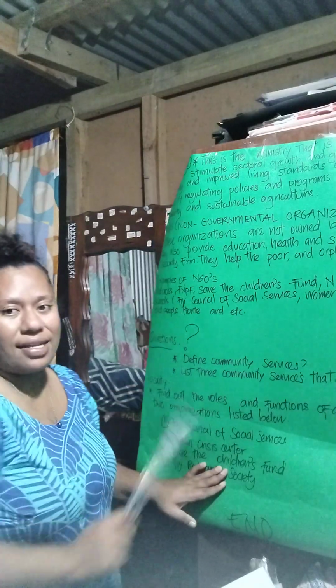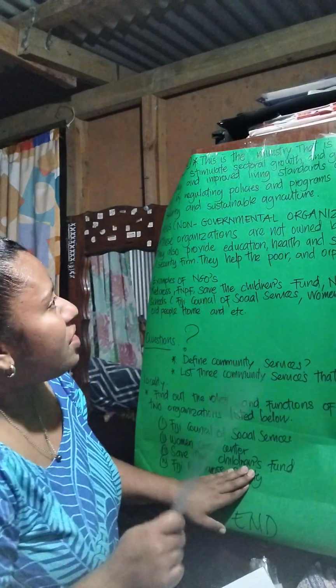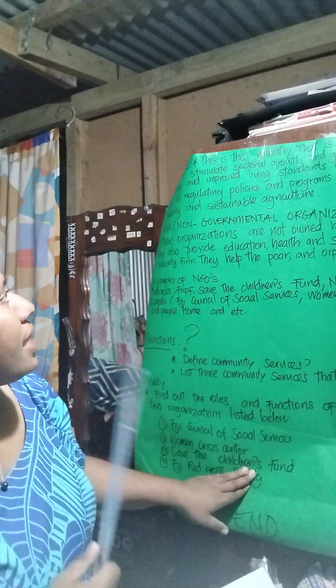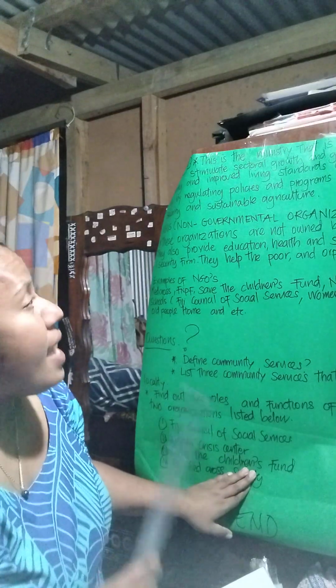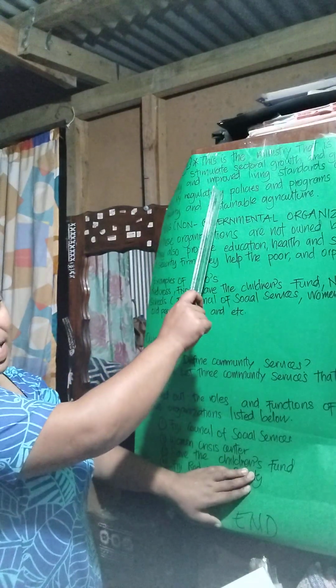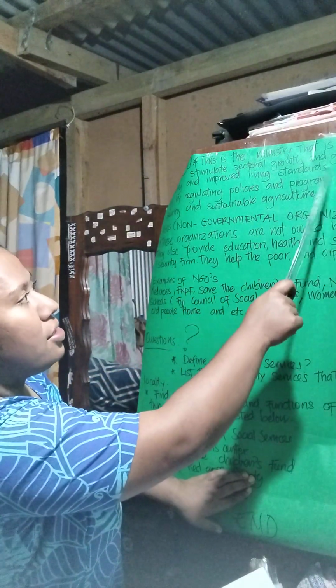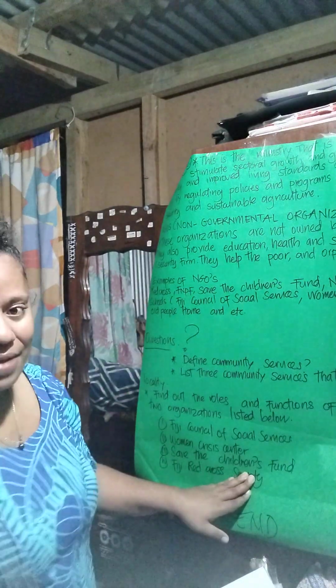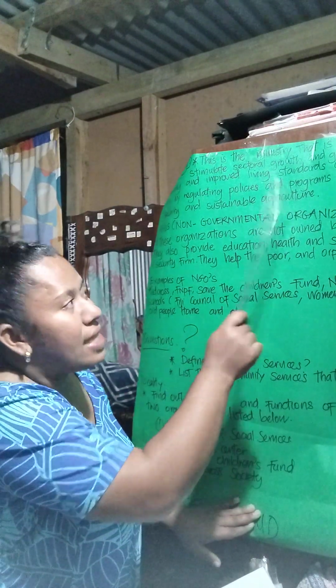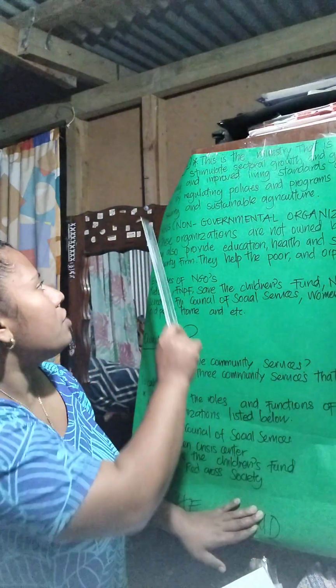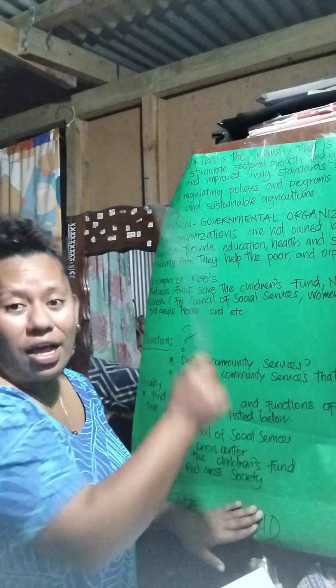Another one is agriculture. This is the ministry that is committed to stimulate sectoral growth and guarantees food security and improve living standards of all people in Fiji by regulating policies and programs to achieve food security and sustainable agriculture.